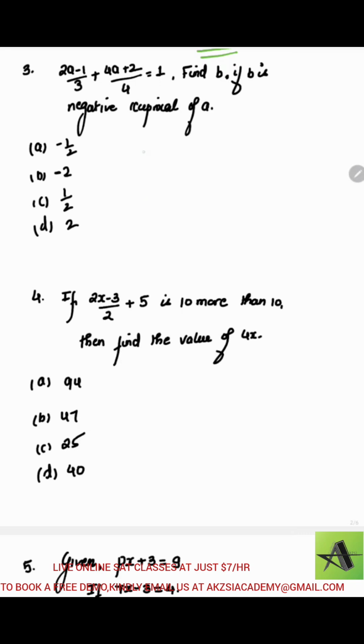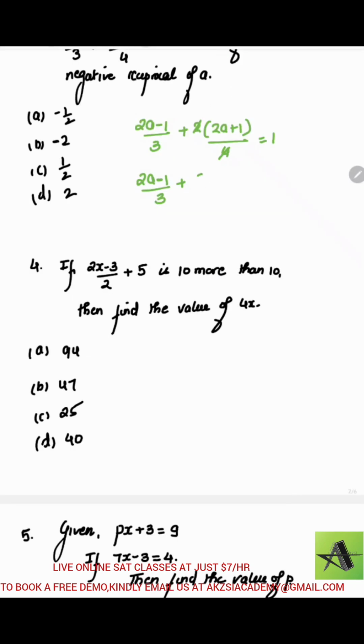That means (2a minus 1) over 3. From here, just for simplification, I'm taking 2 out as common. This will give me (2a plus 1) over 4. So cancel here. I'll get (2a minus 1) over 3 plus (2a plus 1) over 2 equals 1.